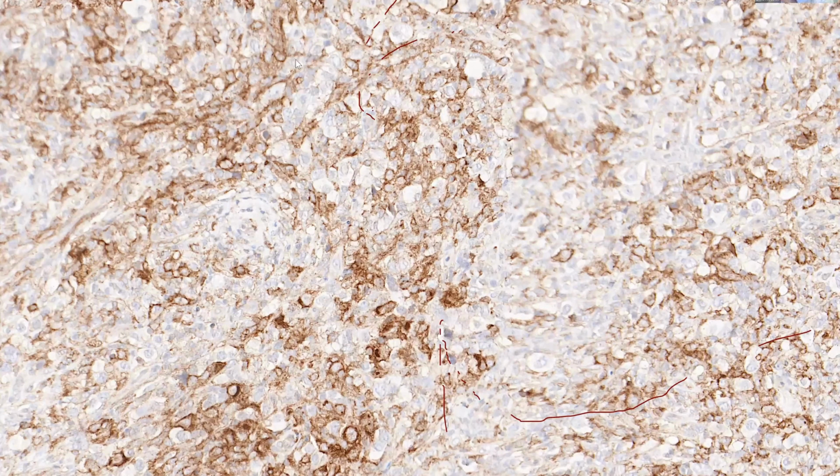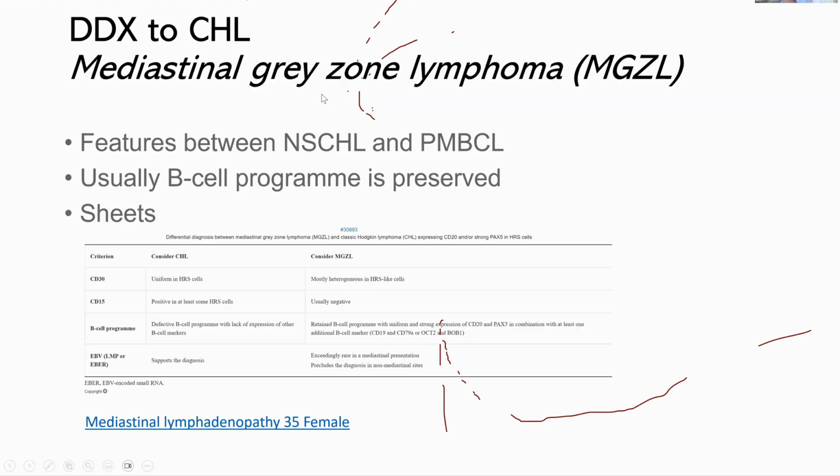The other differential diagnosis for classic Hodgkin lymphoma is something that has features between nodular sclerosis classic Hodgkin lymphoma and primary mediastinal B-cell lymphoma. And this is very difficult, actually. They call it a mediastinal gray zone lymphoma. They can express CD30, but as we said, it's mostly heterogeneous.